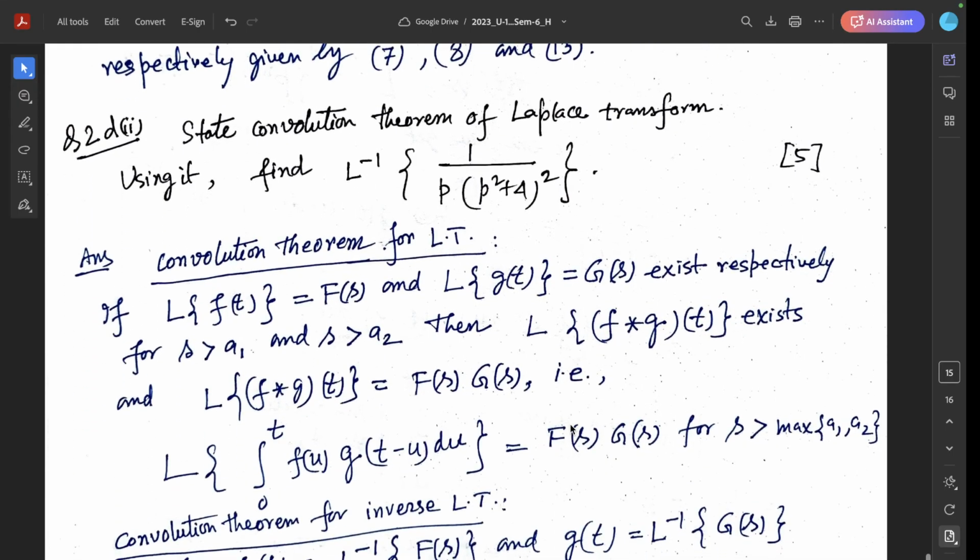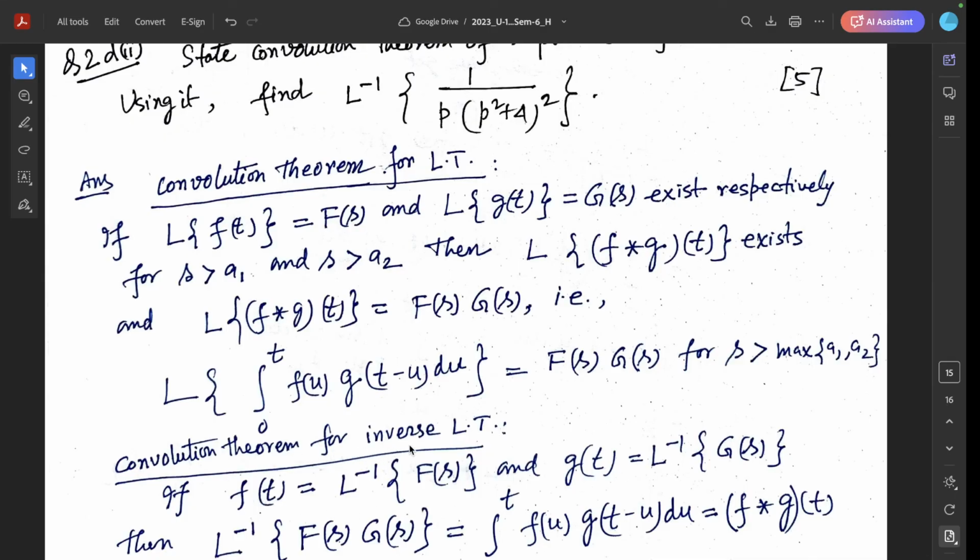Now the convolution theorem of Laplace transform is: if the Laplace transform of ft equals capital Fs and of gt equals capital Gs exist for s greater than a1 and s greater than a2 respectively, then L of f star gt exists and L of f star gt equals capital Fs into Gs, that is, L of integration 0 to t fu g of t minus u du is equal to Fs into Gs for s greater than maximum of a1, a2.